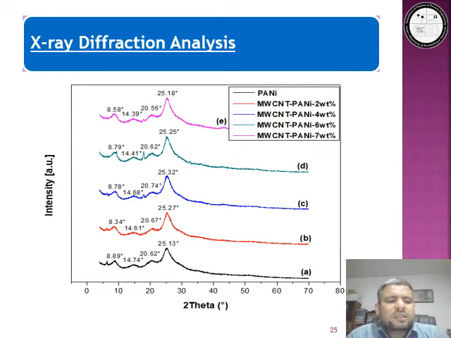Similarly, sharp peaks at 25 degree and 26 degree have also been observed for 4%, 6%, and 7 weight percent multi-wall carbon nanotube composites. The minor broadening of peaks of composites could be attributed to the formation of nanocomposites.